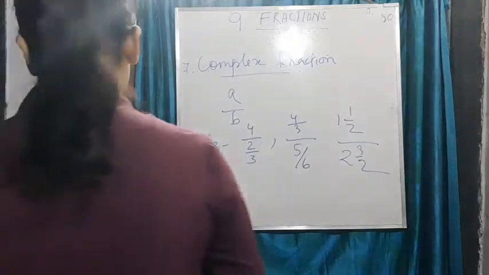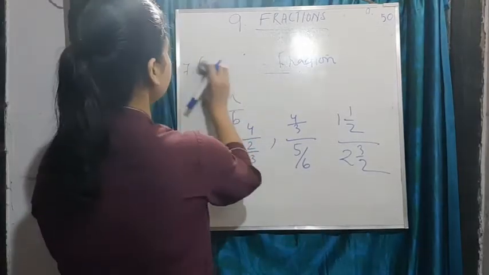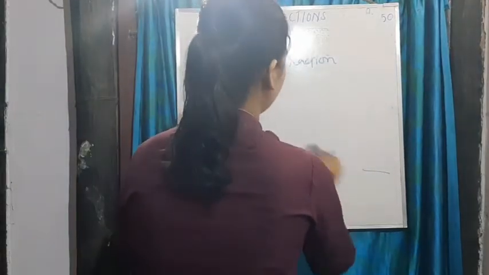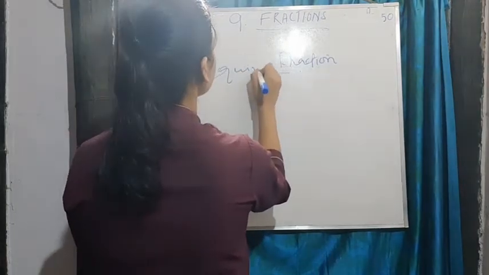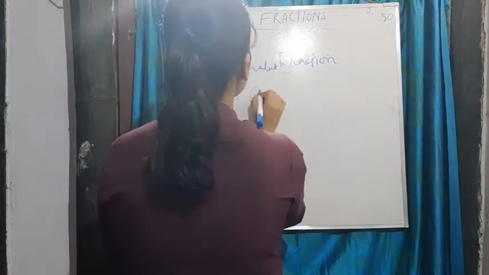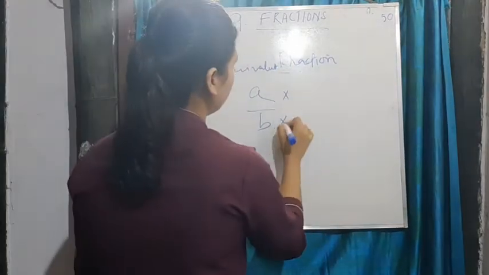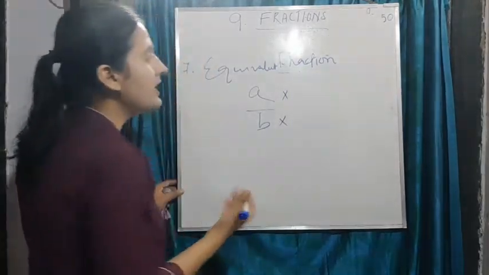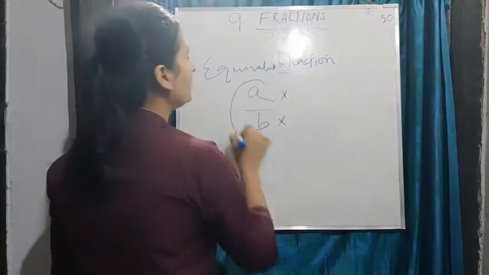Fine. Now the next type of fraction is equivalent fraction. In equivalent fraction, suppose a by b. When you multiply both by the same number or divide by the same number, the fraction that we get will be equal to this.